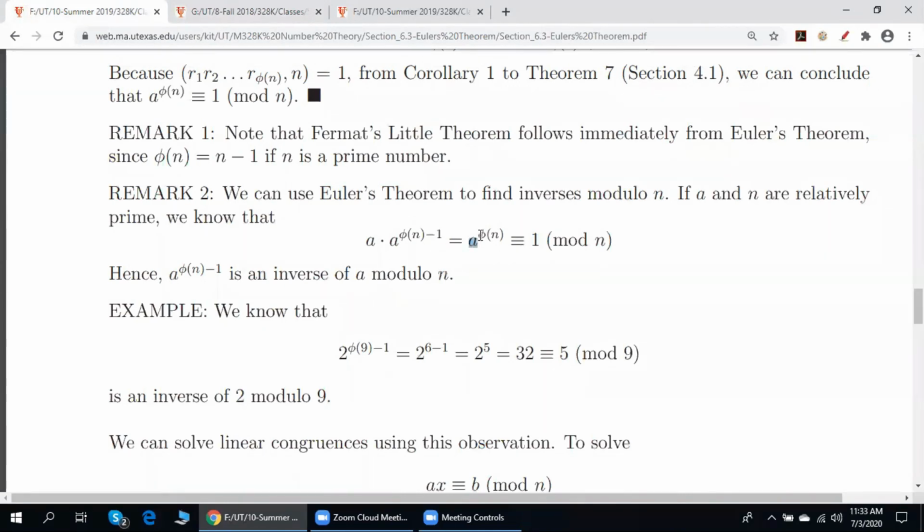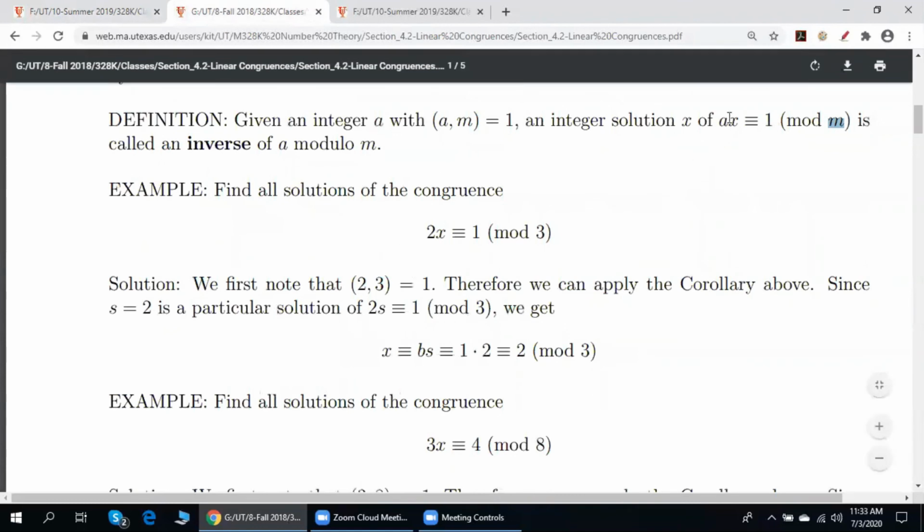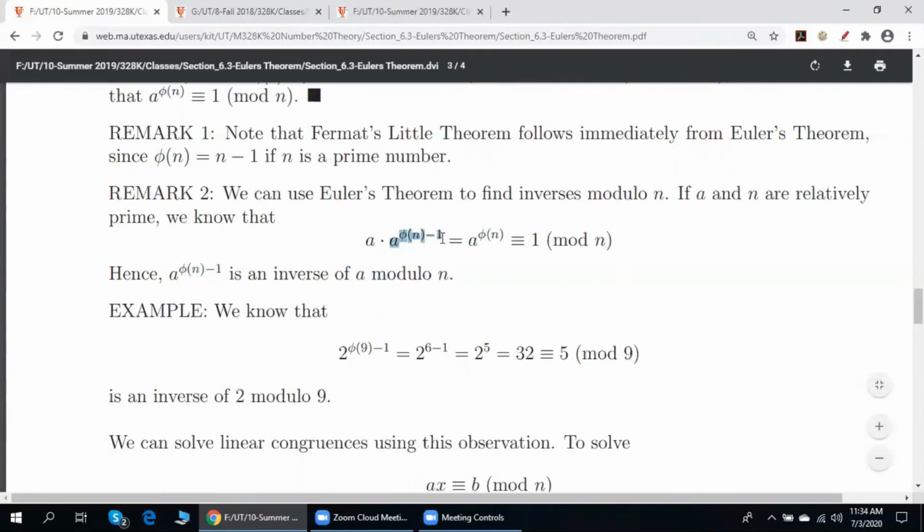Note that A to phi of n can be rewritten as A times A to phi of n minus 1. Conclusion: if you replace this by x, you will get X is congruent to 1 modulo n. It's exactly what is written here. Therefore, this is indeed an inverse of A modulo n.